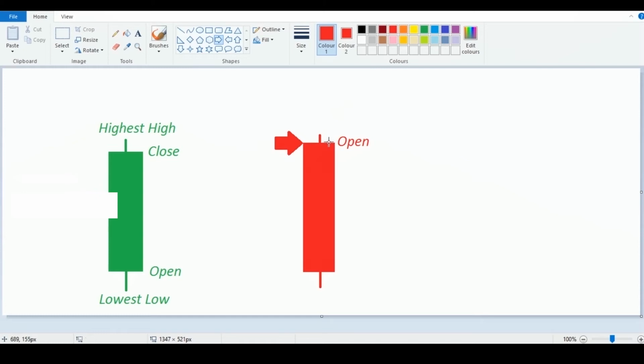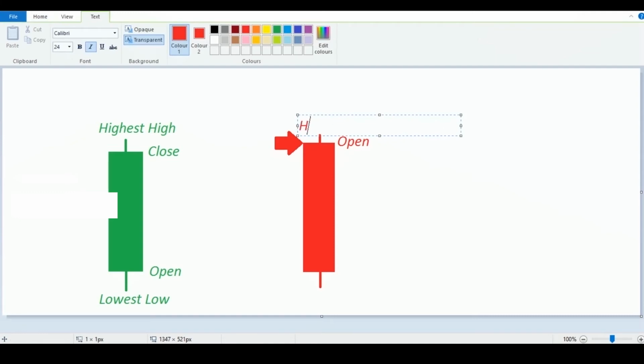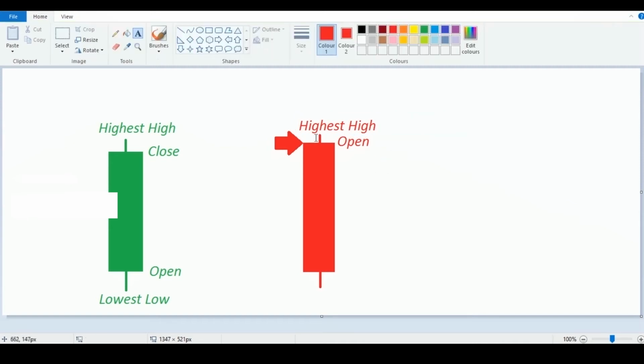So what this means is that from 0 seconds, price went all the way up, because remember, our shadows just tell you the highest and lowest points price reached within that 1 minute. So this is again our highest high. And once price reaches your highest high, it turns around and goes in the opposite direction all the way to the bottom.